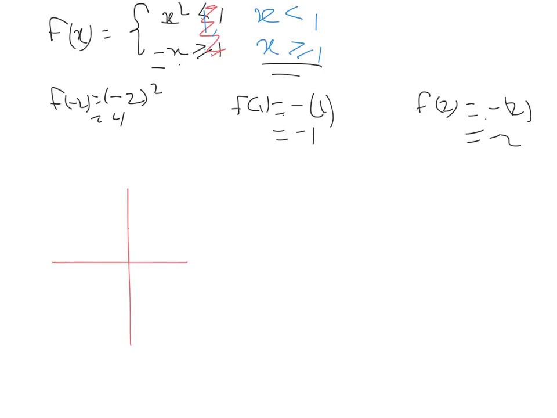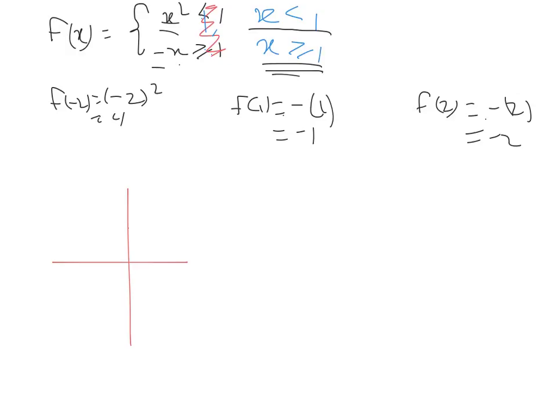So from there, what you'll be asked to do is to sketch it. Now these get a little bit tricky to sketch, but with practice you get there. So we know that at any x value less than 1, we're going to have x squared, and at any x value greater than or equal to 1, we're going to have negative x. So this idea of 1 is a key point.